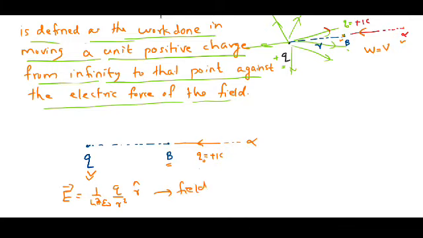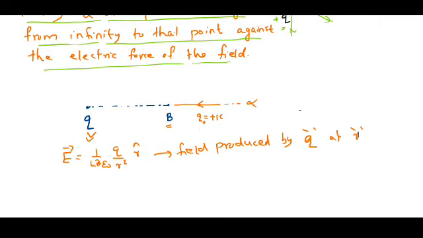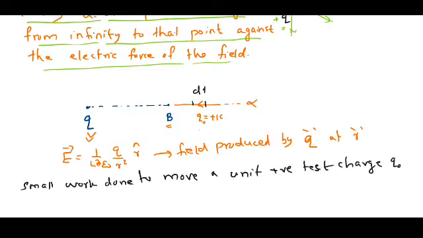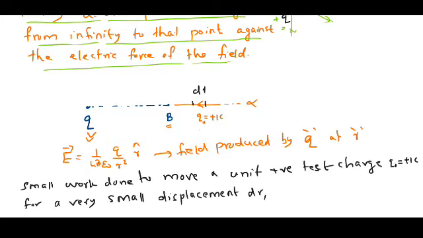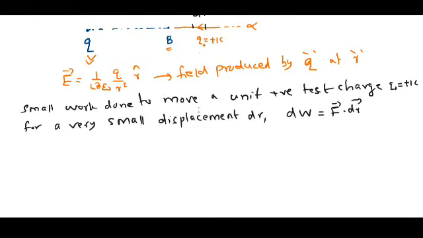This is the field produced by Q, that is a source charge, at a distance R. Then I calculate the small amount of work done to bring or to move a unit positive charge for a very small displacement dr. The work done is given as dW is equal to F dot dr. You know that the expression of the work is nothing but F dot displacement.